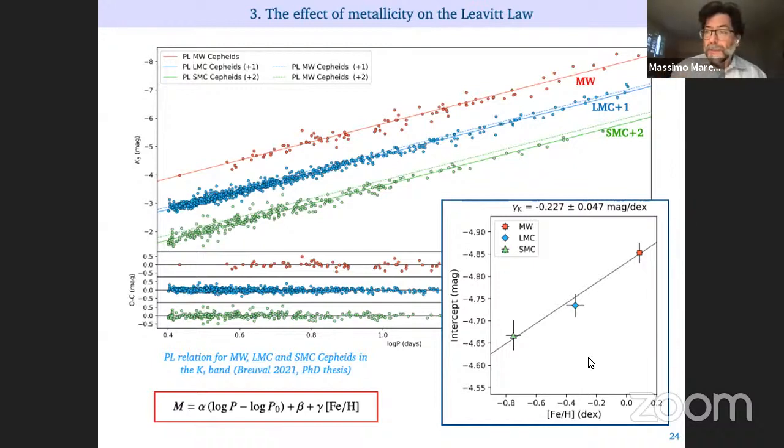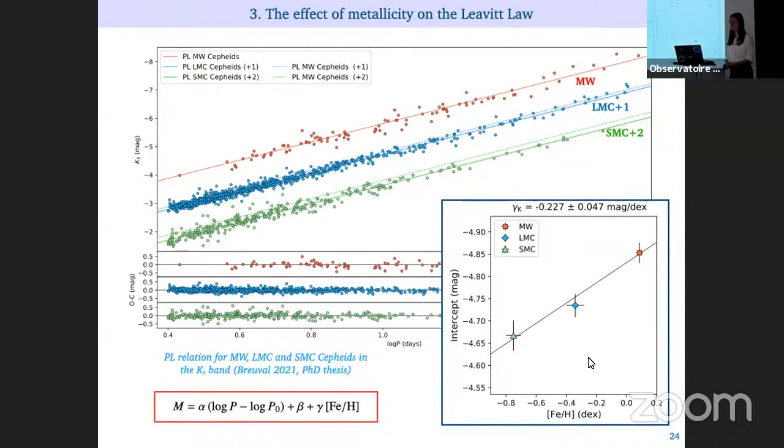But you also have the dependence on metallicity. So have you tried to decouple the two effects to understand how much of the dispersion that you have in the PL relation, I'm talking about the first part of your thesis, is due to the intrinsic width of the instability strip, and how much to the residual effect due to the dispersion in metallicity?